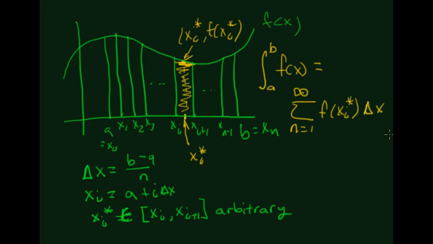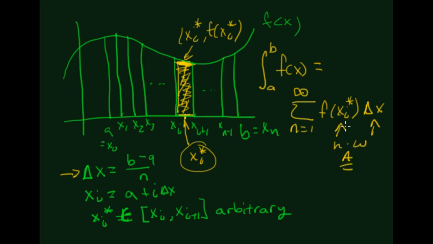So why does this work? Okay, so the width of each of these rectangles is delta x. So there's my width. The height of each of these rectangles is that I'm going to pick some arbitrary point along there, and I'm going to make a rectangle. So that's the height, right?